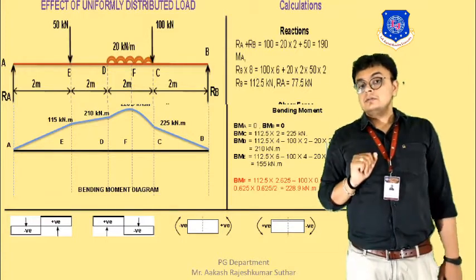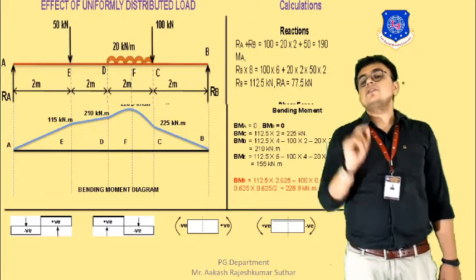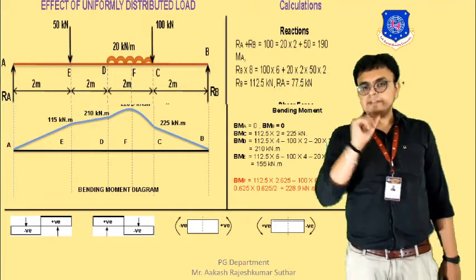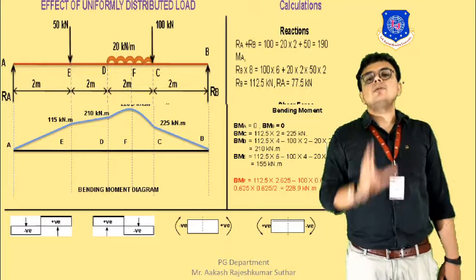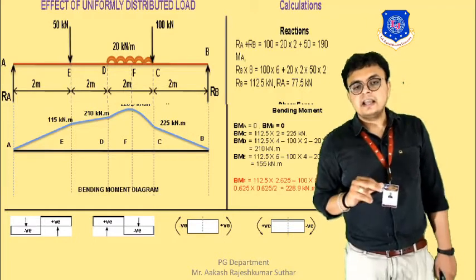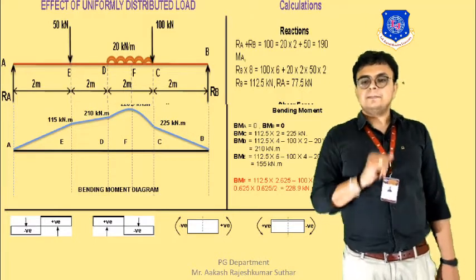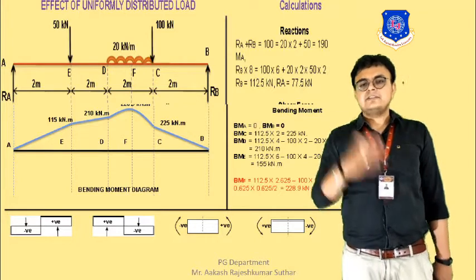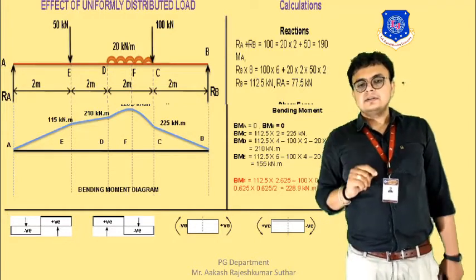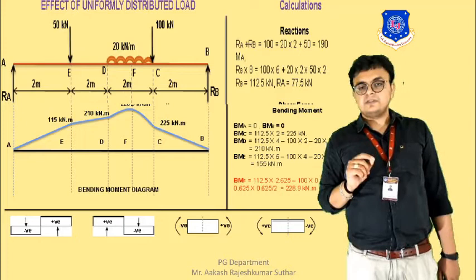Now we have a point at which the shear force was 0. Okay, so basically we need to find the bending moment at that point, and that point is F. Let's start from the left hand side, where the distance was 2.65.